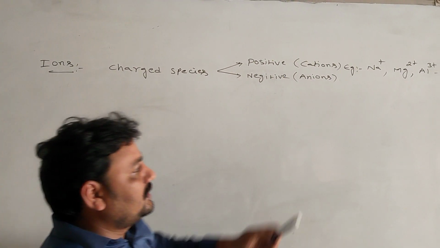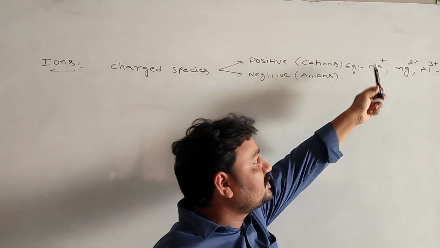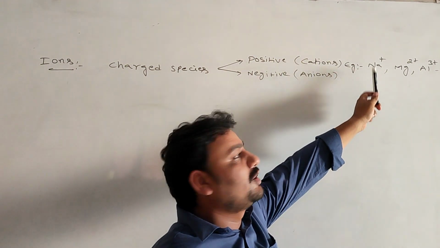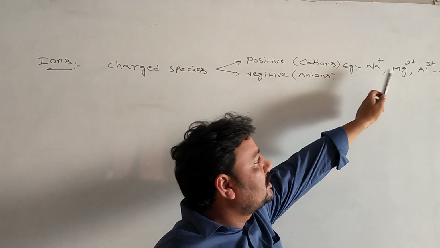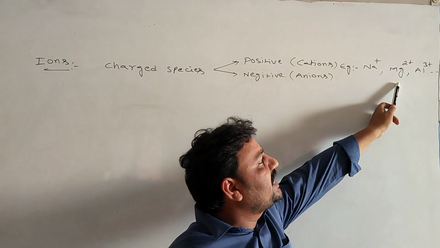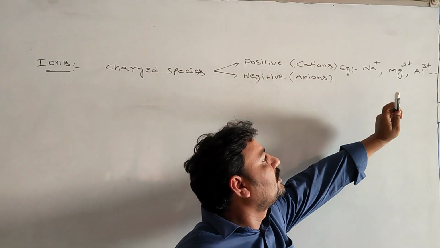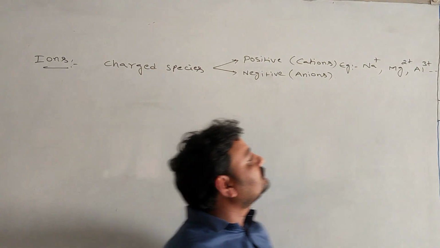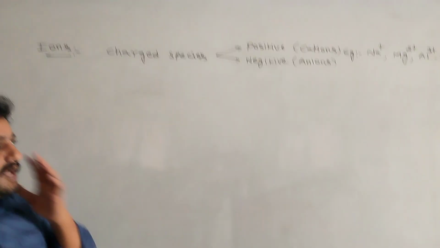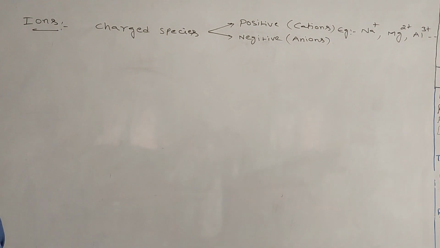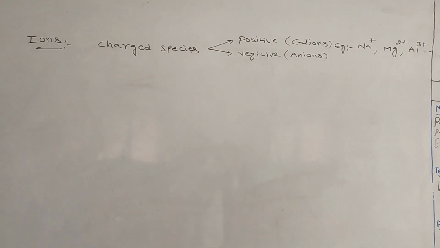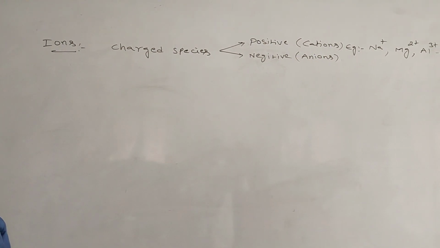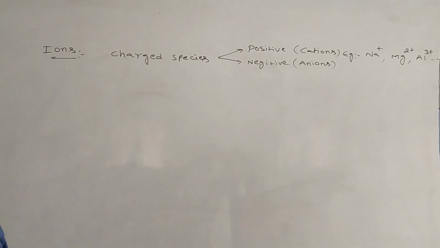If the charge is 1, it is called a monovalent ion. If the charge is 2, it is called a bivalent ion. If the charge is 3, it is called a trivalent ion. So the charge is equal to valency. Sodium's charge is plus 1; without the charge sign, that is the valency.